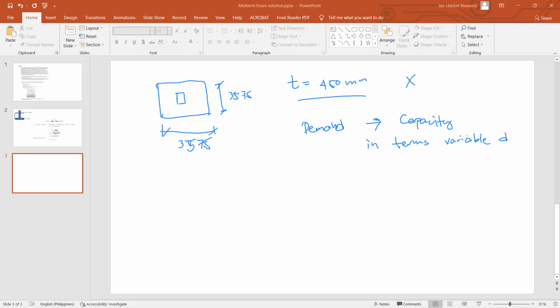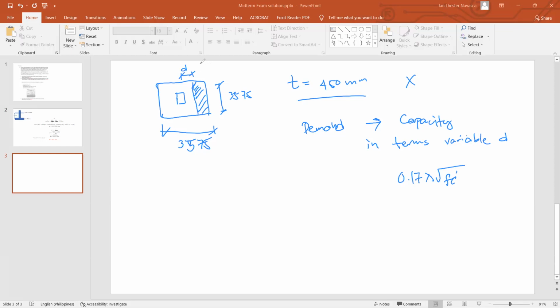Ang capacity naman ng one way is 0.17. If you recall, the capacity is 0.17 lambda square root of F prime C. And for the demand, susukat ka lang ng D distance dito.